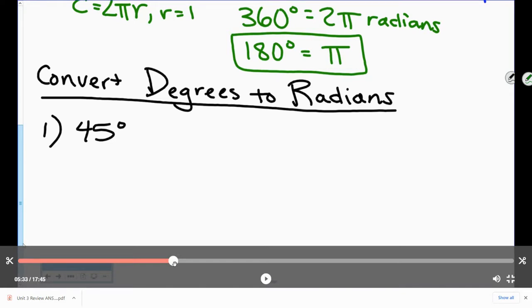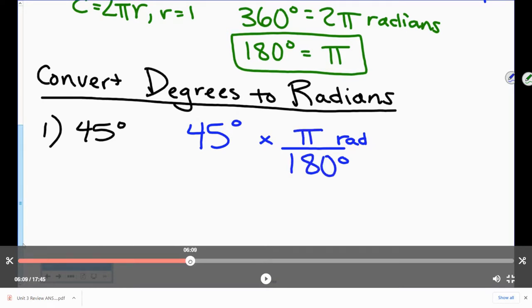All right, so the first example, we're going to convert degrees to radians. So if I have 45 degrees, I'm going to use my conversion factor that 180 degrees equals pi radians. So just like in science, you want to get rid of the degrees, so the degrees goes on the bottom to cancel out. I want it to be in radians, so that goes on top.